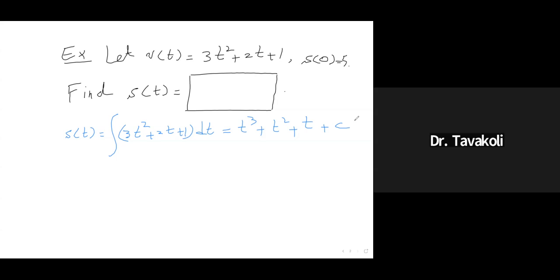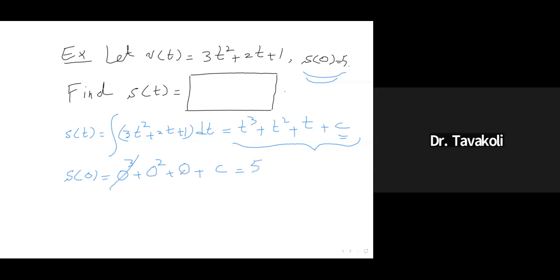But there is one little thing we should consider when solving this. Since s at 0 is given, we can find out what that c is. s of t is this equation, right? So s of 0 is 0 cubed plus 0 squared plus 0 plus c. This equals 5, since the problem gives us s of 0 equals 5.